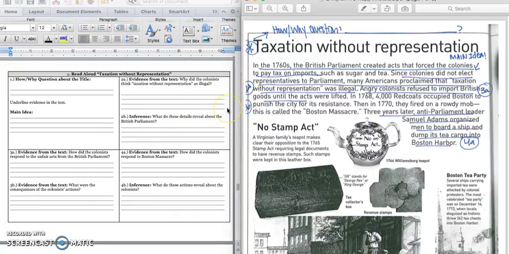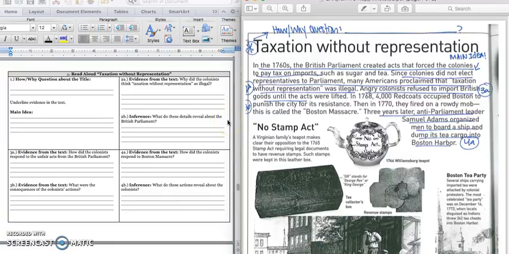So in 2A, you would write, the colonists thought taxation without representation was illegal because the colonists did not have any elected representatives. Therefore, no one was voting against the taxes. Press pause to write down your answer and play when you're ready for 2B.